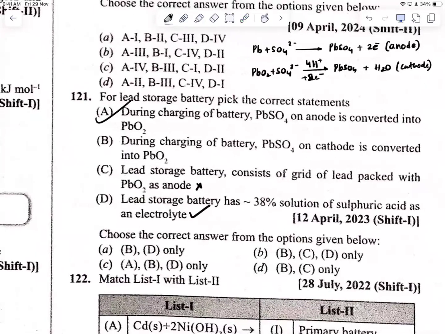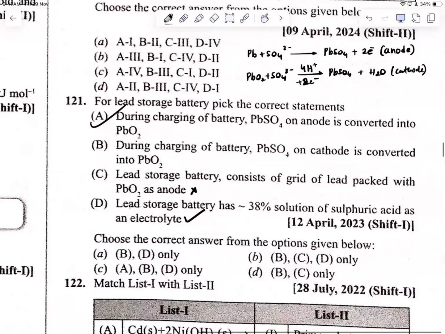Anode is converted into PbO2. Just a minute. Check it out. During charging of battery, PbSO4 on anode is converting into PbO2.